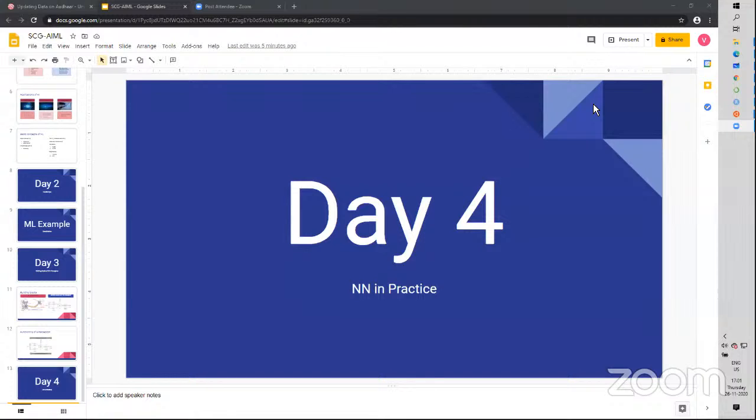Welcome to day 4. So, to give you a brief overview of what we discussed yesterday: we saw the working methodology of the artificial neuron, which we call the perceptron, and how we generate a desired output from the given inputs.